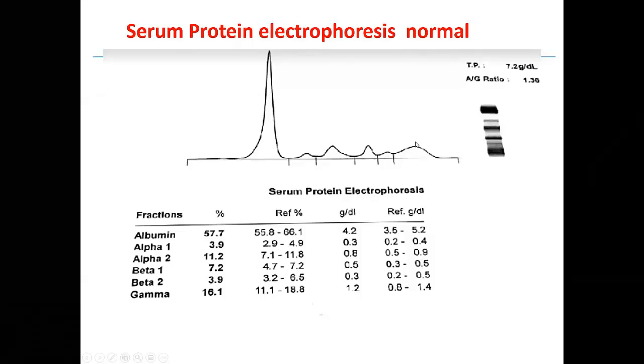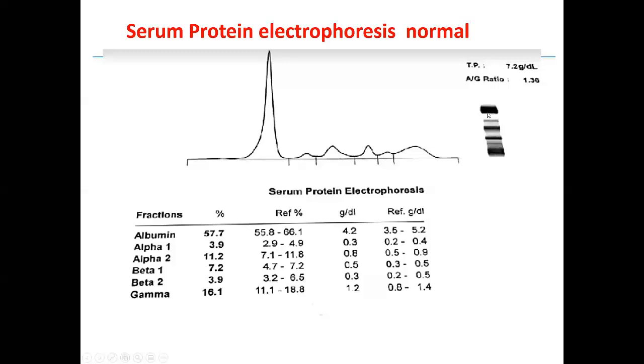Now we keep on saying that the gamma globulins are increased. That means this is the normal gamma globulin. The amount is 16.1%, or 11 to 18%, and per deciliter it is 0.8 to 1.4 gram. Albumin, of course, is the highest, which is about 3.5 to 5.2 gram.